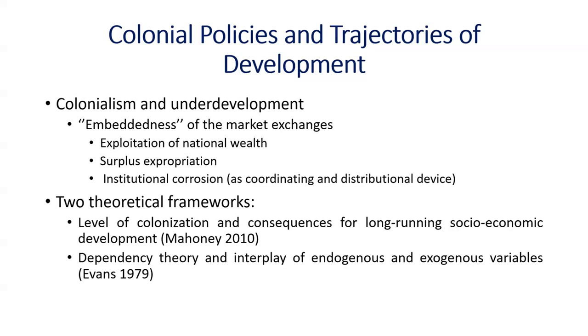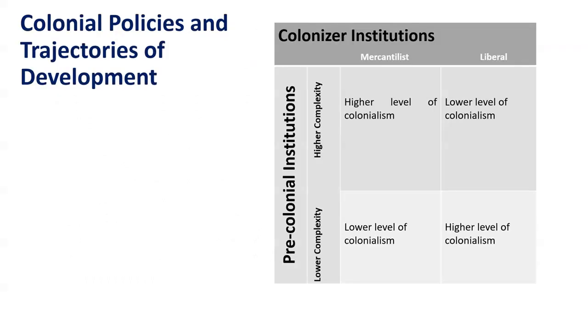We have James Mahoney's framework and dependency theory, and we focus on one offshoot developed by Peter Evans, and this is what we are going to apply to the case of Egypt.